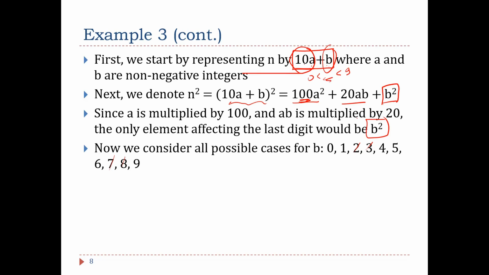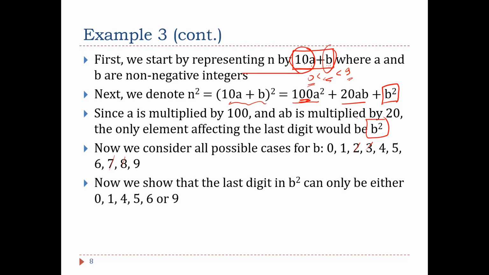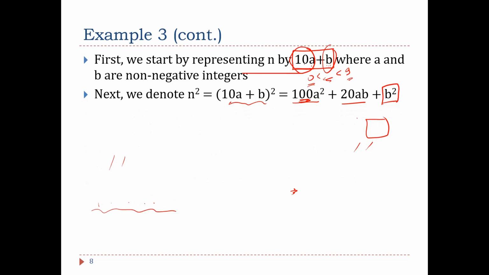No matter what the number is, you will always end up having b equal to those numbers, 0 up to 9. And it's sufficient to show that b squared in these cases will end up having in the unit part, in the rightmost digit, either 0, 1, 4, 5, 6, or 9. And this is already done in this listing here.